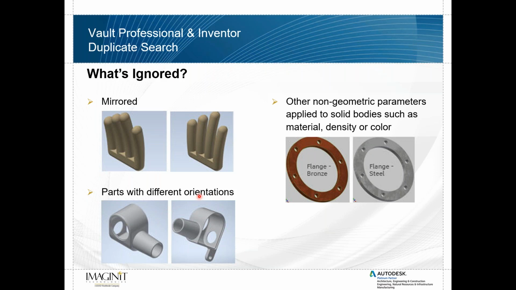Geometrically, they could come up as registering as duplicate parts, so you can make the decision if you want to use one or the other. The orientation doesn't matter. It's the component that you're concerned about, material and so on. If a part has a different material assigned, we chatted about that just a little bit a moment ago. That's something, again, that will be ignored, because we're looking for geometric matches.